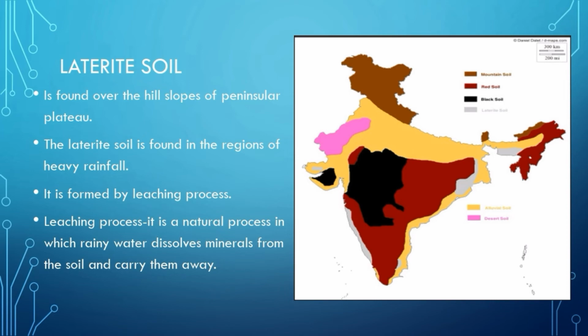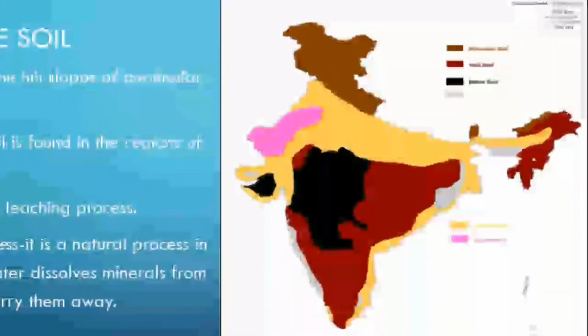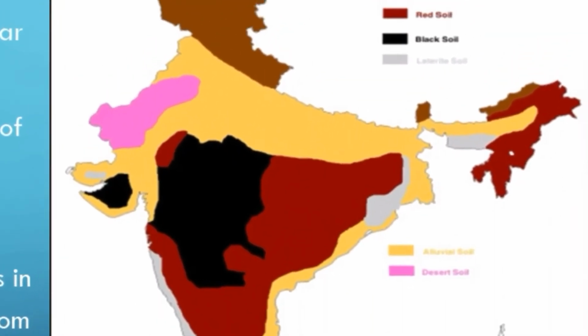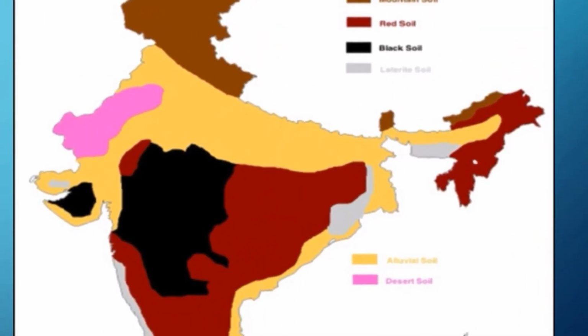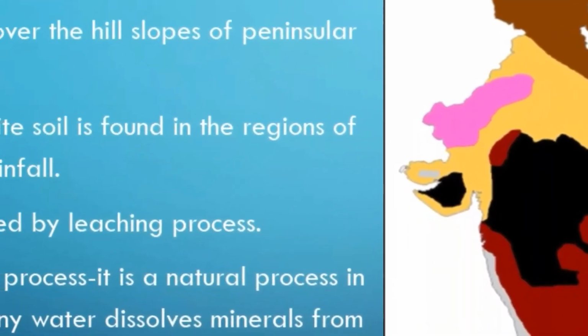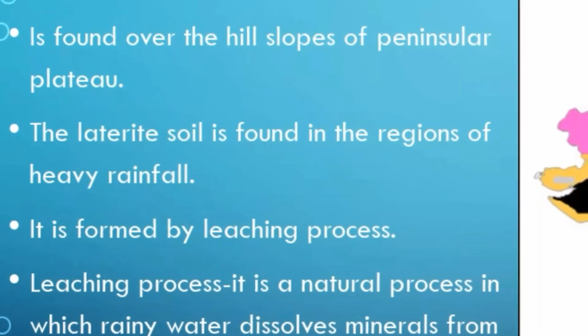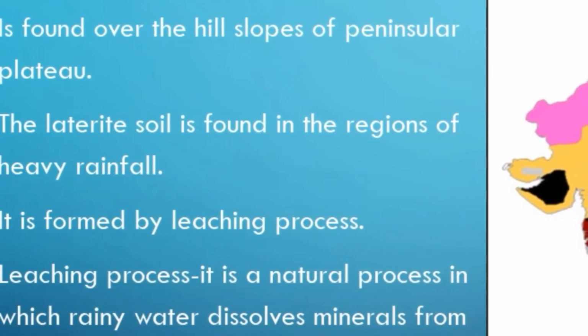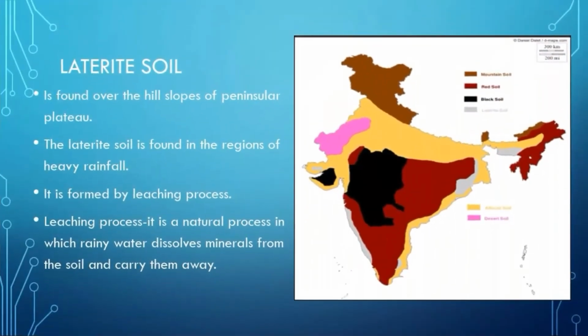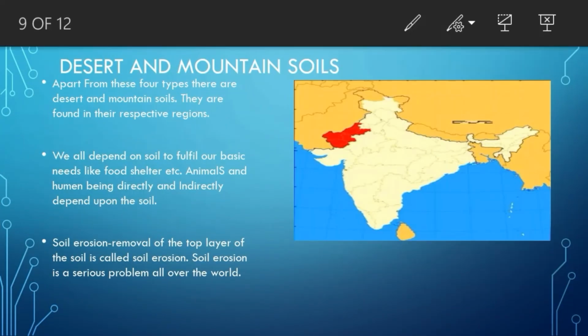In this map, we can see the laterite soil given in ash color, and it is found in regions of heavy rainfall and at the top of the peninsular plateau. Now comes the desert and the mountain soil.